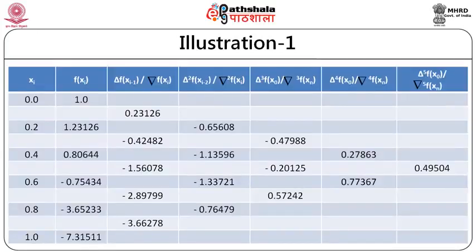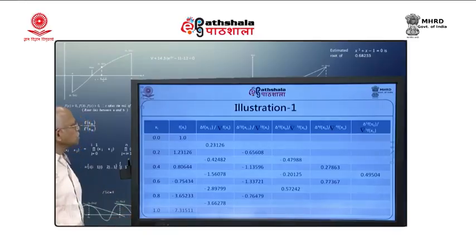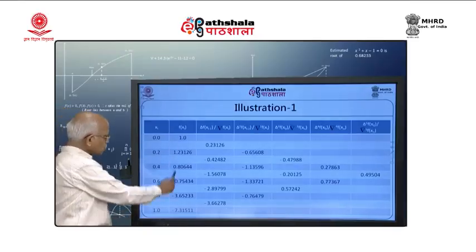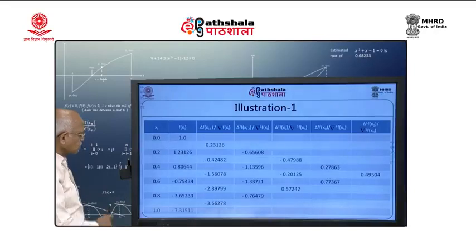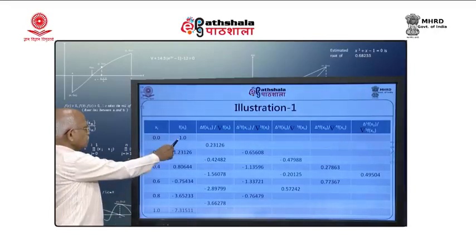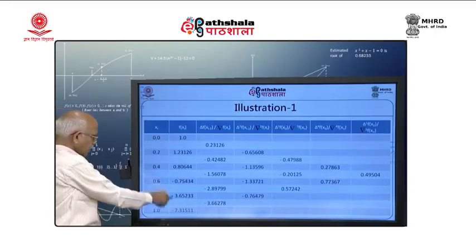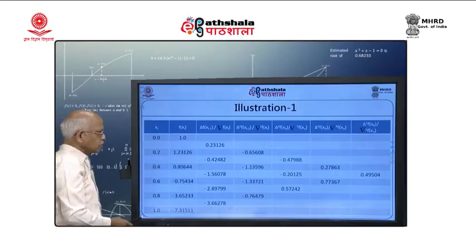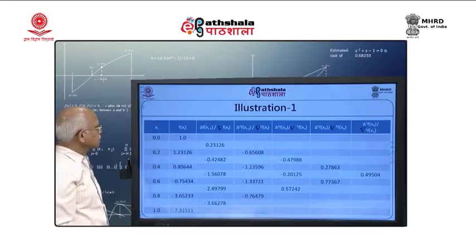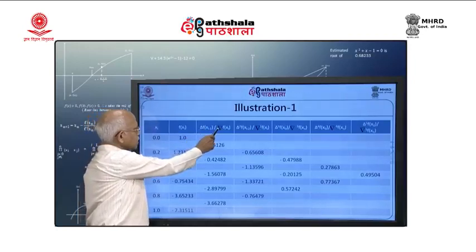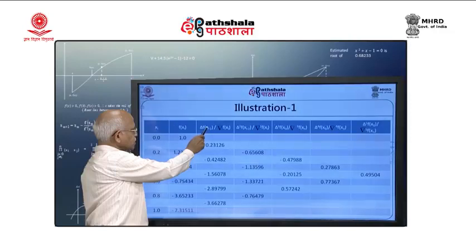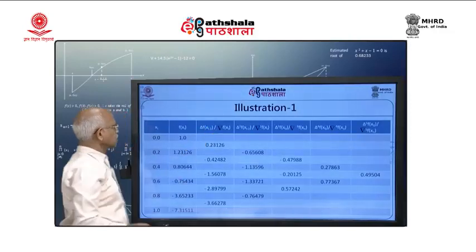So, here we are given the nodes, these are the 6 nodes. These values are found from the form of the function f x. The first value will be 1 and the other values are computed from the formula for f x. Then we get delta f x i, which is the same as del of f x i.